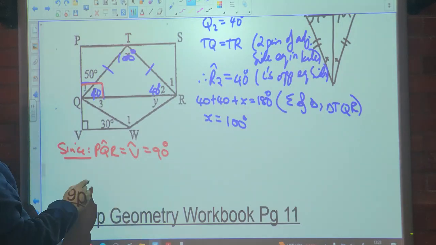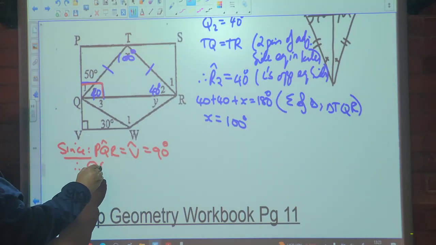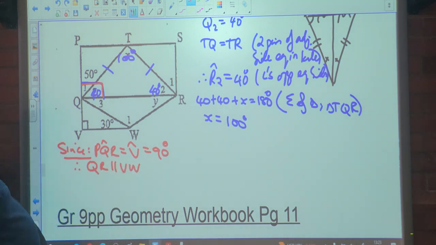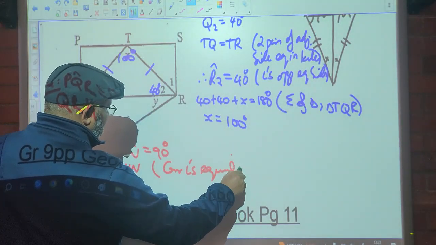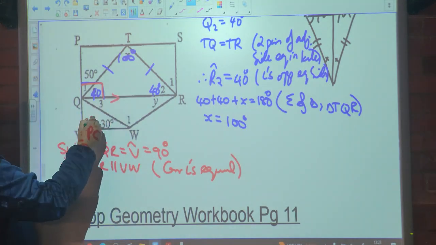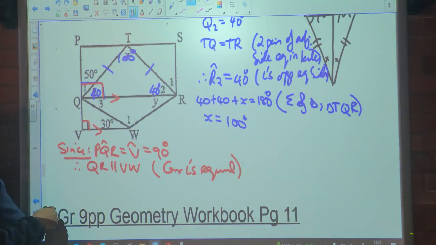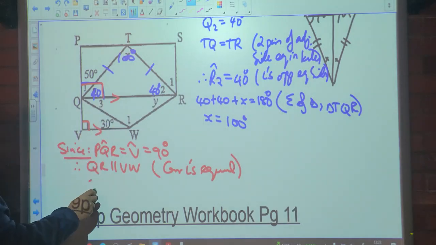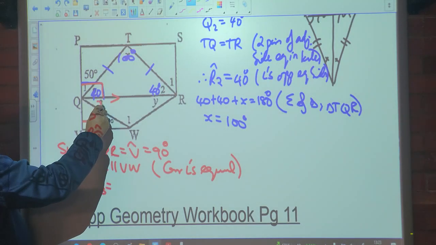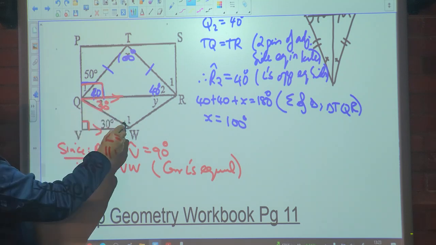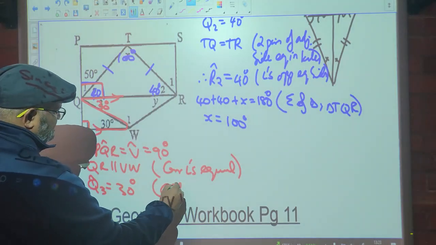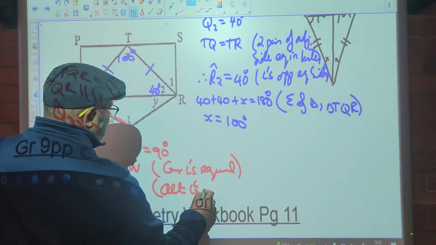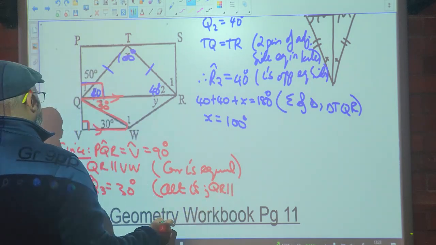Since that is the case, we can conclude that QR is parallel to VW. Why is that the case? Because corresponding angles are equal. Now with that being parallel, I can say that Q3 is equal to 30 degrees. Why? Alternate angles, with QR being parallel to VW.